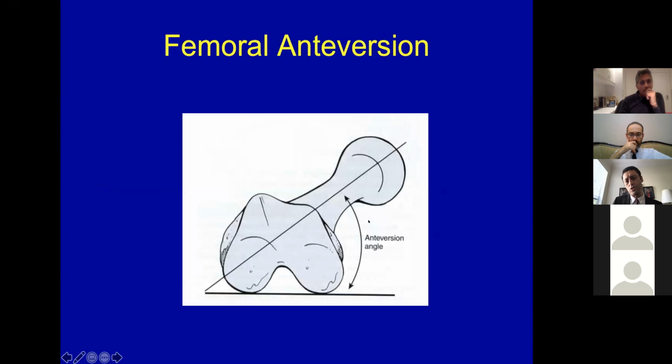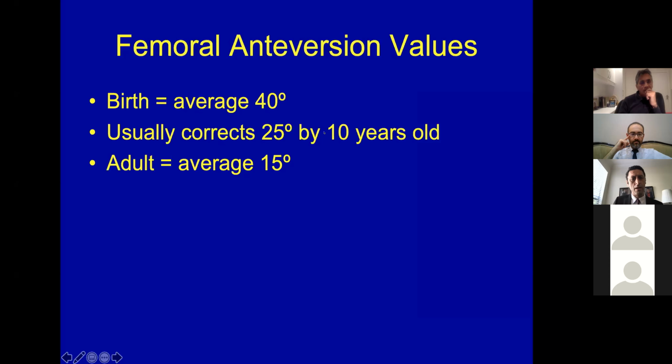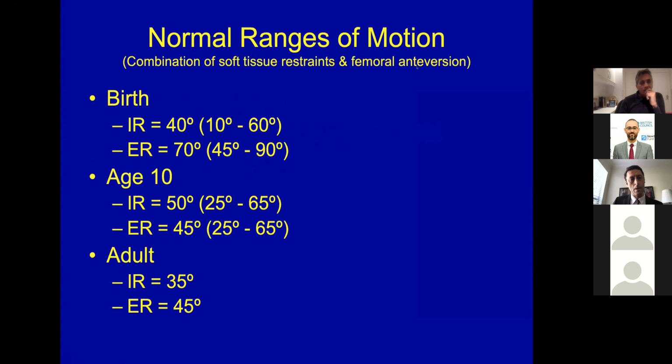This is just a figure to show the femoral neck axis compared to the femoral condyle axis, around 10 to 15 degrees in the normal adult femoral anteversion. These numbers change as the child grows. At birth there are around 40 degrees of femoral anteversion, which usually corrects by 10 years old, and the average adult has around 15 degrees of normal femoral anteversion compared to the posterior femoral condyles.